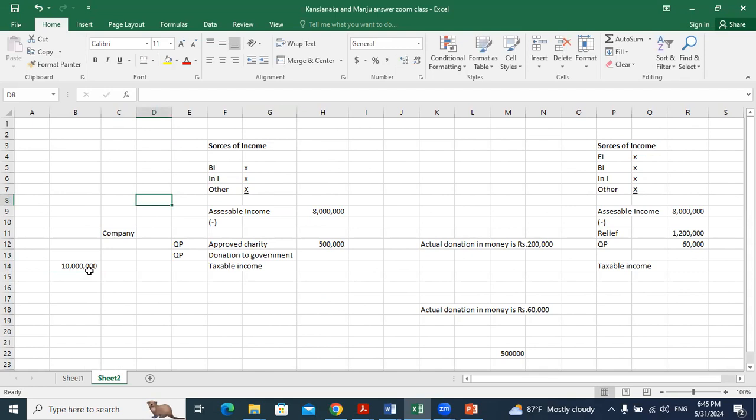So this particular company can claim these donations, made to the government or a government established fund or an institution related to the government.